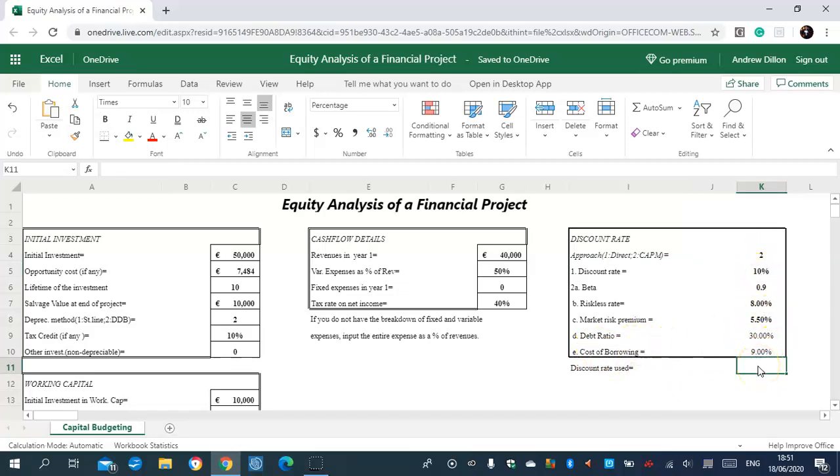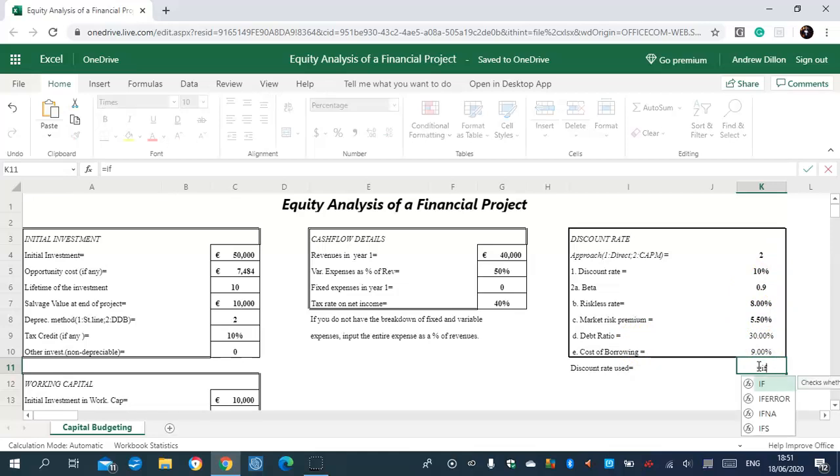It starts off with an equals IF. Okay, 6.